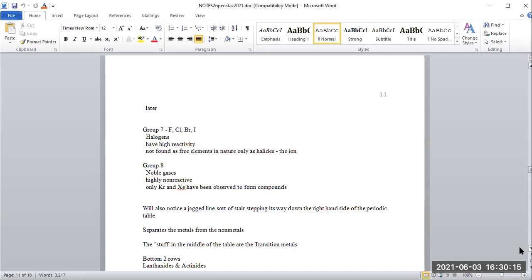You will occasionally later see a few compounds that contain krypton or xenon, not the ones that are higher up on the table. More trivia.